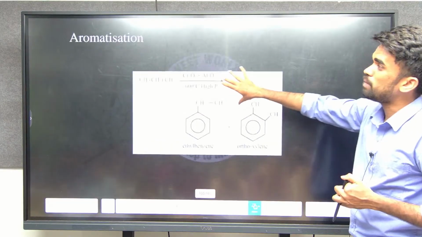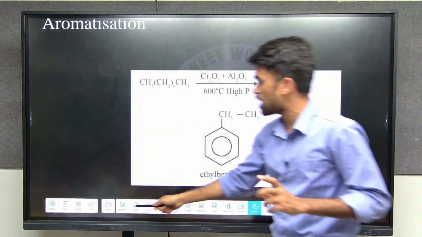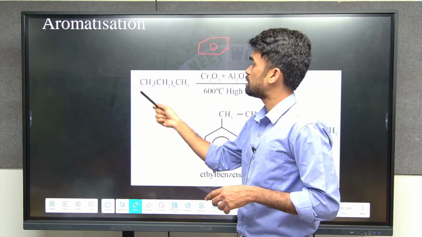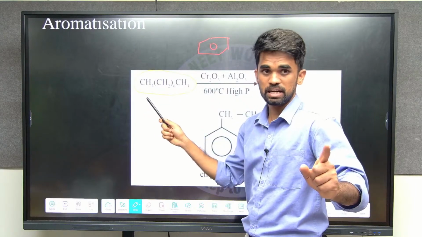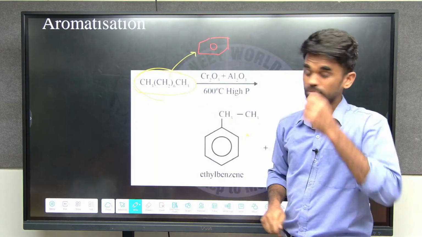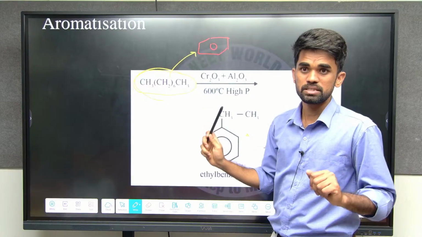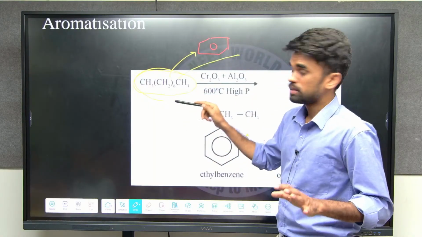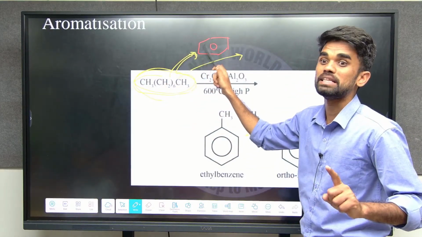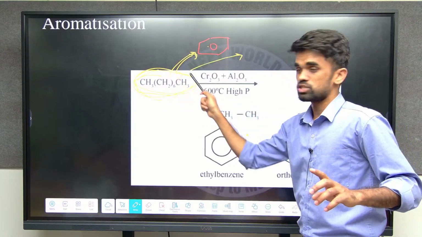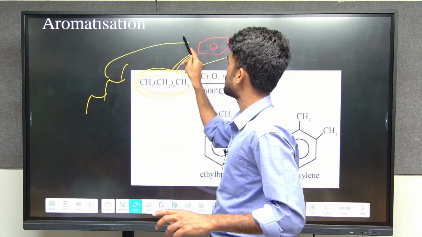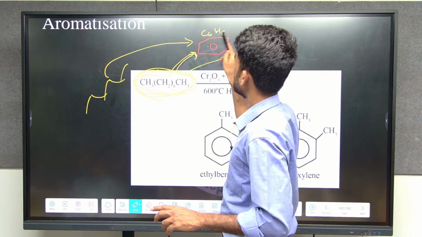One more, aromatization. Remember this. Aromatization means aromatic ring, like the benzene ring contains how many carbons? 6 carbons. Listen to this clearly. If my starting material has 6 carbons, like hexane, upon aromatization it will give benzene, C6H6.